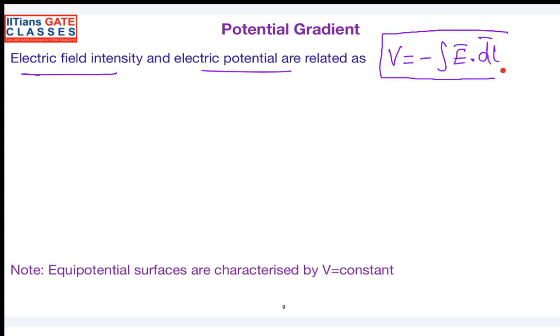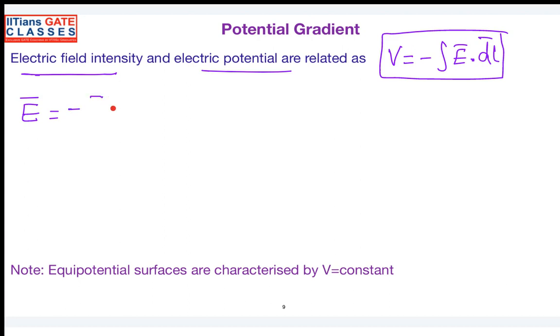So if we want to find the electric field intensity from this, what do you need to do? Can you tell me? Derivative. Can you name it exactly? We already know what that is. Differentiation is nothing but rate of change, right? Yes, it's the gradient.